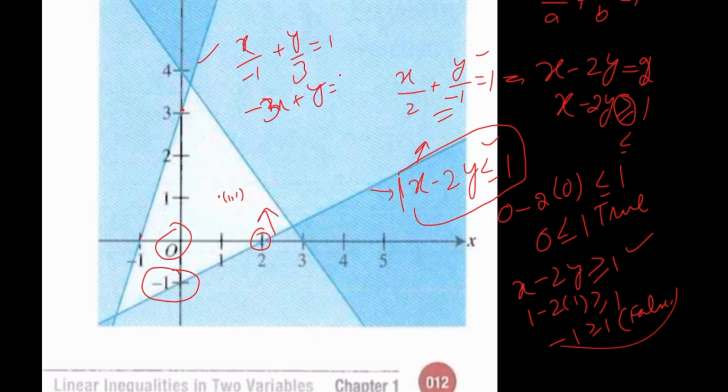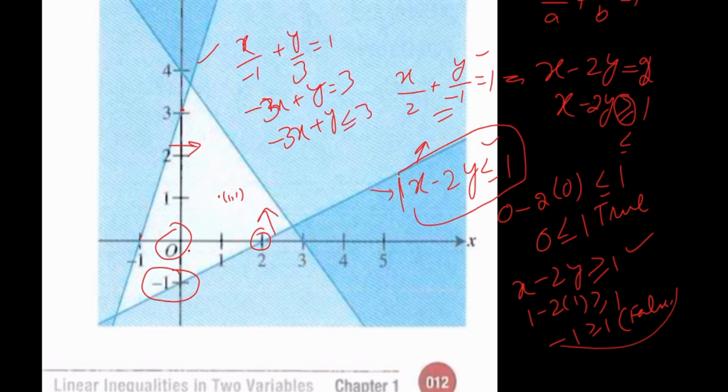Next, as the unshaded region is below this line, the associated inequality is minus 3x plus y less than or equal to 3.